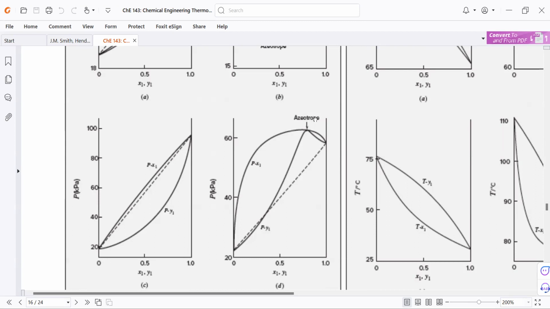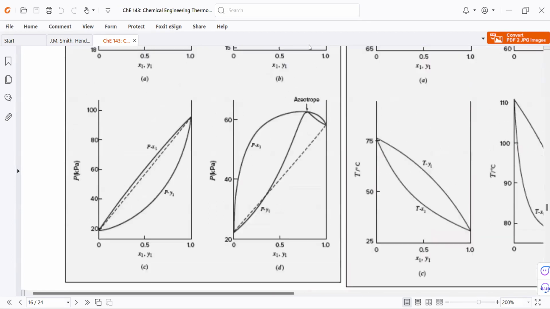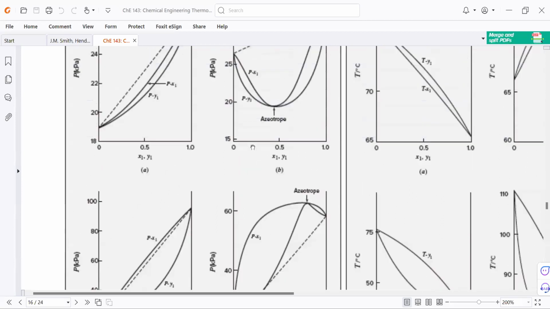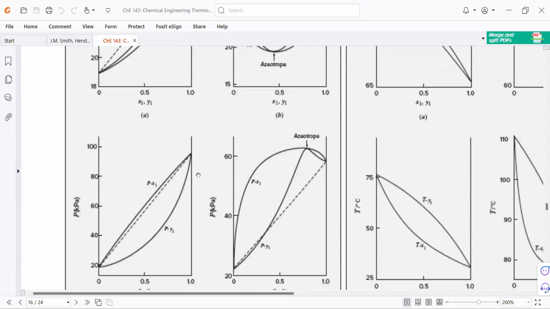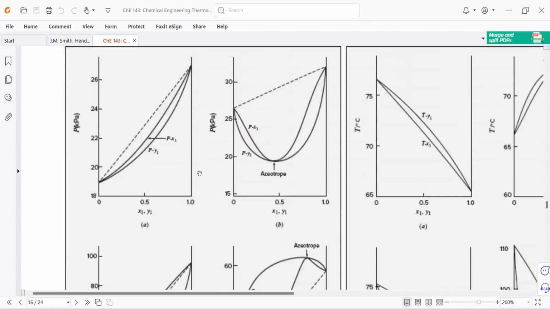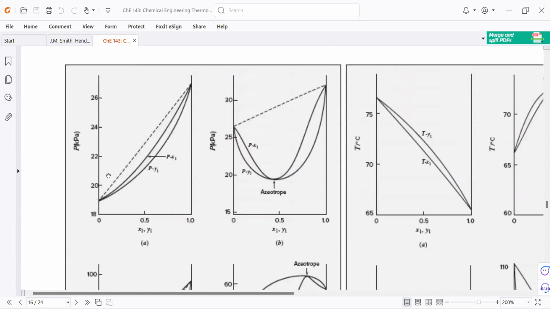Here the vapor and liquid phases in equilibrium have identical composition. So why do we have negative and positive departures from the straight line?